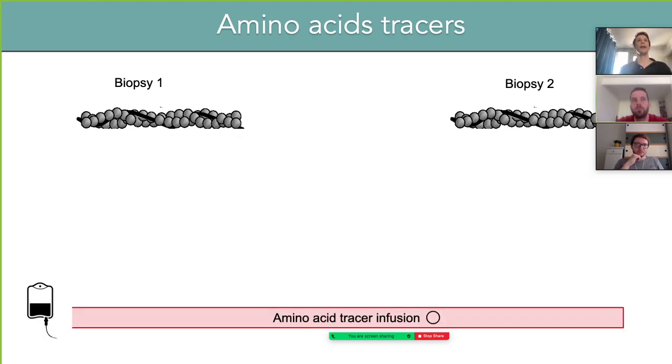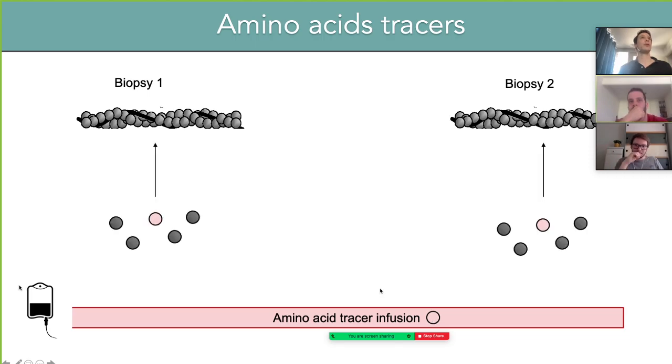So just looking at the structure of the muscle sample is not going to help you in a question like this. So what we use is called amino acid tracers, which we infuse. Basically you have a fluid that's slowly dripping into the bloodstream, and you get an amino acid. There's nothing special about the amino acid other than, to simplify, that it has a nice little color. What happens is turning free amino acids into a protein, which is called muscle protein synthesis: so the building blocks, and this is the product.